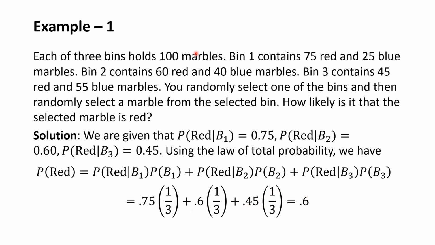We could have said you had a 50% chance of picking bin 1 and 25% of bin 2 and bin 3. And then we would have just plugged in different numbers here. So once you identify that this is a law of total probability problem, and then you extract the information, it's pretty easy to just put everything into the equation that we have here. So the answer is 0.6 in this case.